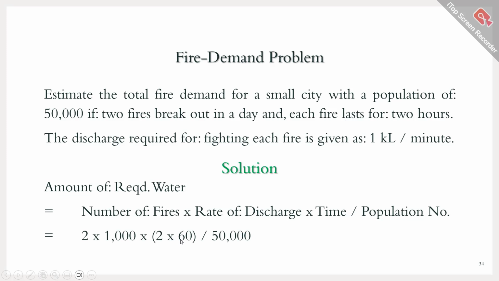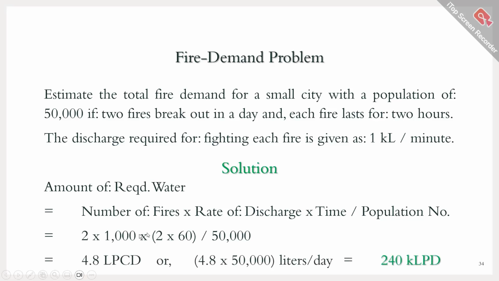That you have converted into minutes. So 2 hours into 60 minutes. That gives you the unit in liters, divided by 50,000 people. That gives you the liters per capita. So it is 2000 into 120, which gives you 4000 into 60.